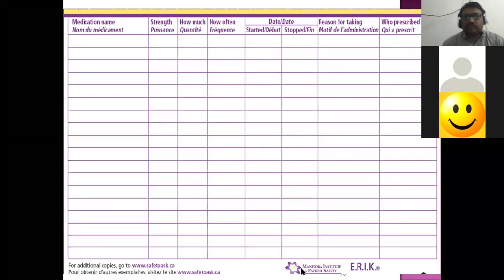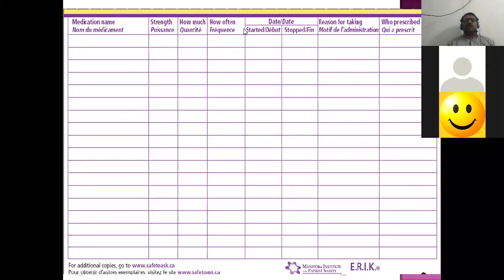Another form is available. Medication name means the name of the drug along with its strength, how much quantity is taken, and the frequency of the drug, meaning BID, TID, for how many days.